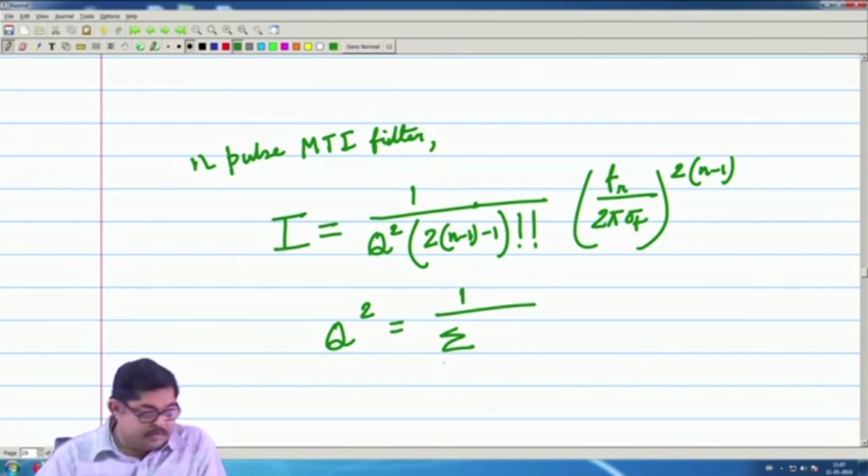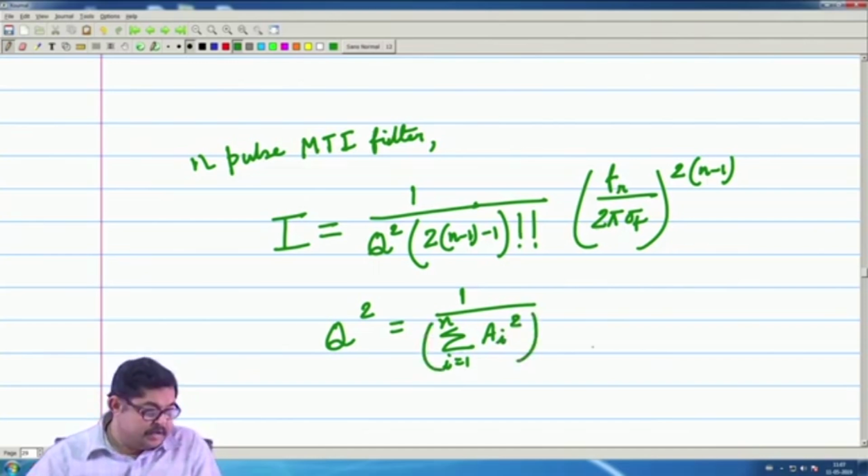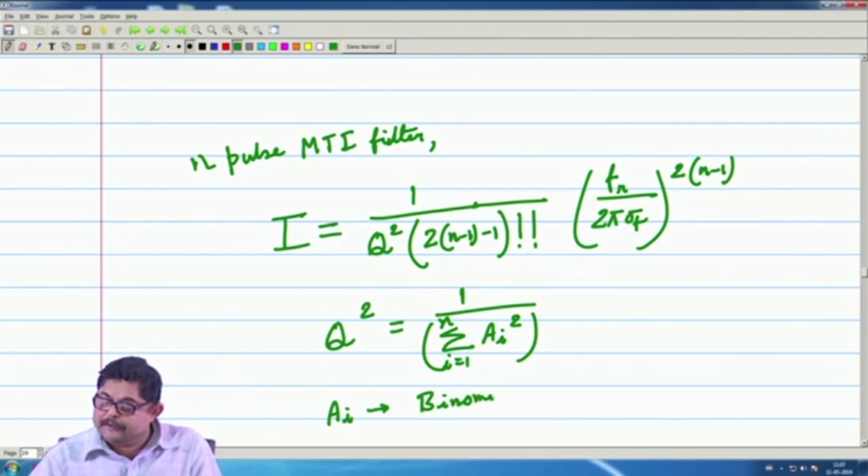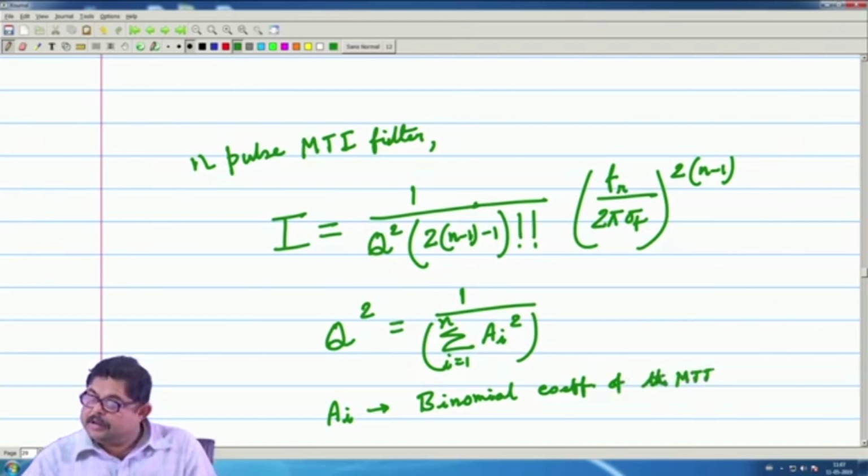the sum from i equal to 1 to n of A i square, and A i is nothing but the binomial coefficient of the MTI filter. Now, what are these?